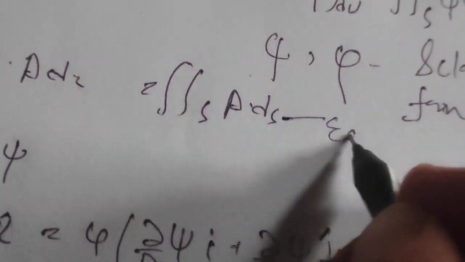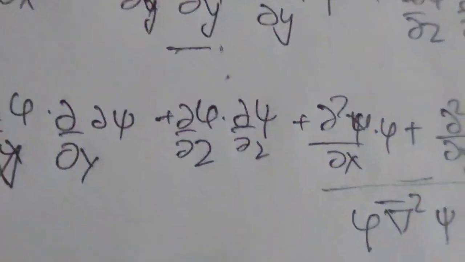This is our first form of Green's theorem, equation 1.